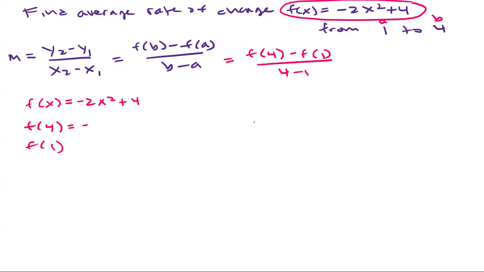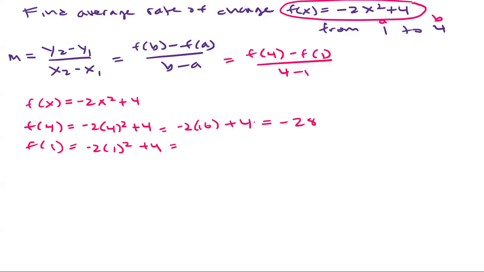So f of 4, we're going to have negative 2 times 4 squared plus 4. And f of 1, we're going to have negative 2 times 1 squared plus 4. So we're going to have negative 2, and then 4 squared is 16, plus 4. So negative 2 times 16 is negative 32, and then plus 4 will give us negative 28.